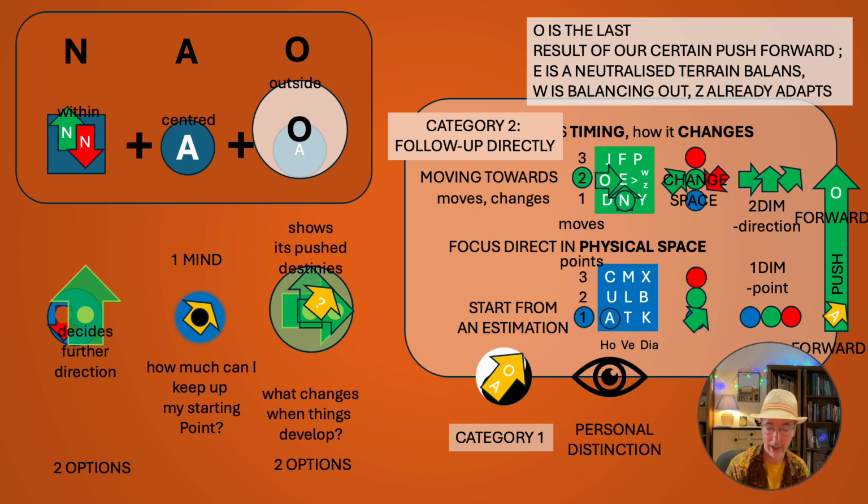I will go, of course, to more explanation later, but that is important. With the N, I had two options, the yes thing and the no thing. With A, I had one mind, and I'm looking at how much I can keep my starting point in the last letter, O. I also have these two options. These options are just telling you how much it's also going to that destiny that you imagine.